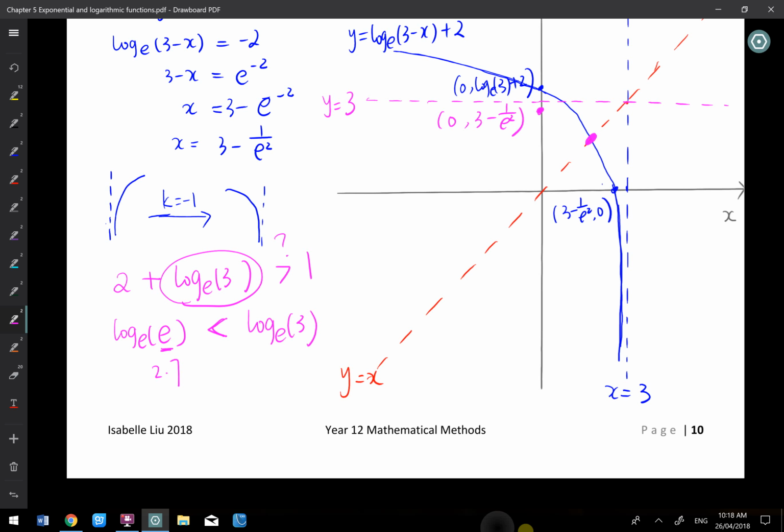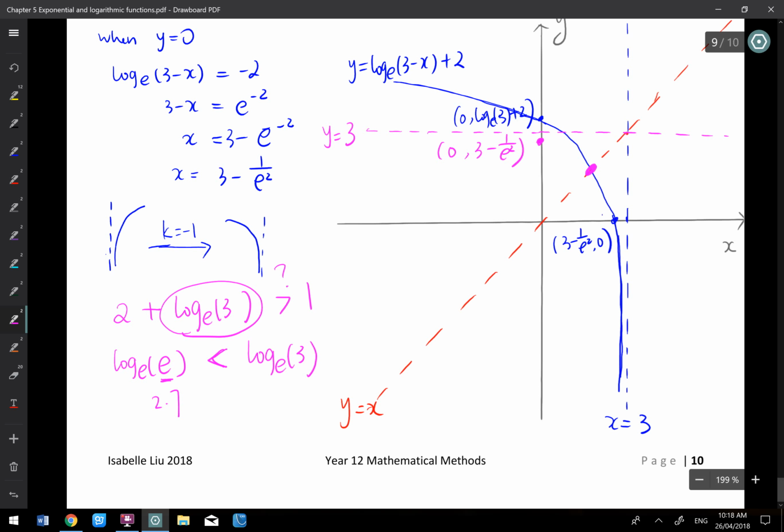It's like the x value: x equals 3, x equals 2.7. A larger x will give you a larger y for an increasing function. So therefore 1 is less than log base e of 3, so log base e of 3 is larger than 1. So overall, 2 plus log base e of 3 will be larger than 3.